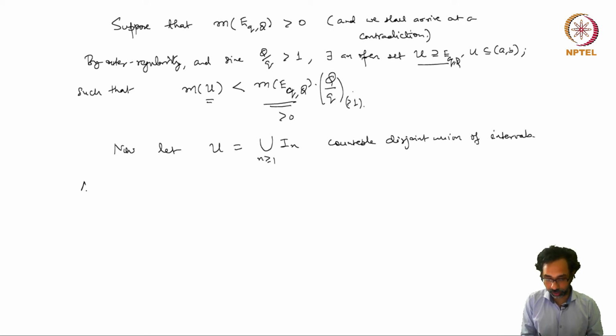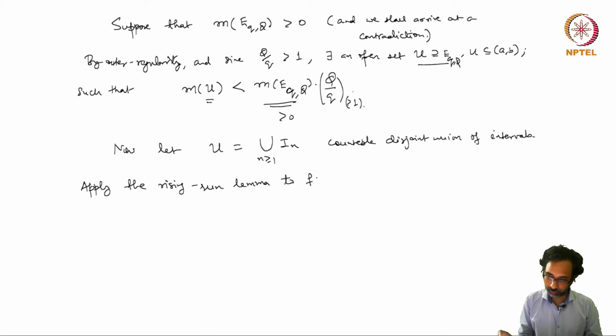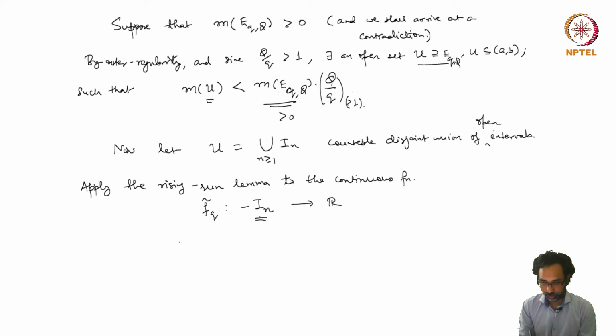And we apply the Rising Sun Lemma to the continuous function f tilde q, which is defined on the set minus I_n to R, and this function f tilde q on minus I_n is defined by f of minus x.